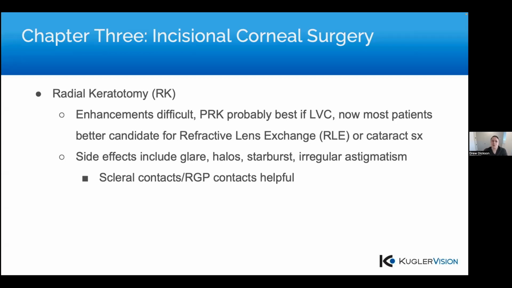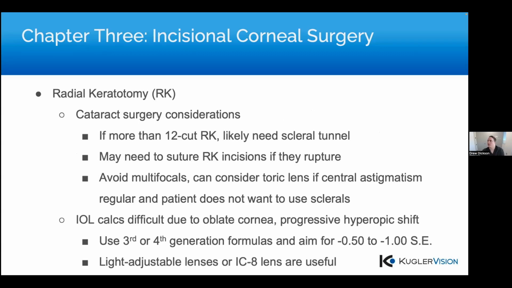Many patients will use scleral contacts. Some don't tolerate them well, but it's always important to have that discussion with them, because there's no surgery we can do to get rid reliably of all those corneal irregularities like a hard contact lens would do for them.